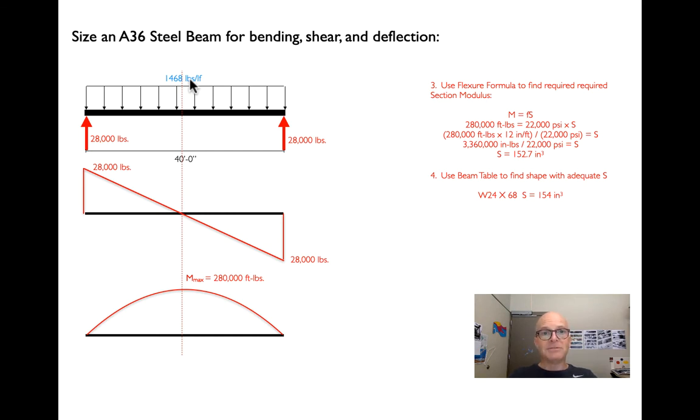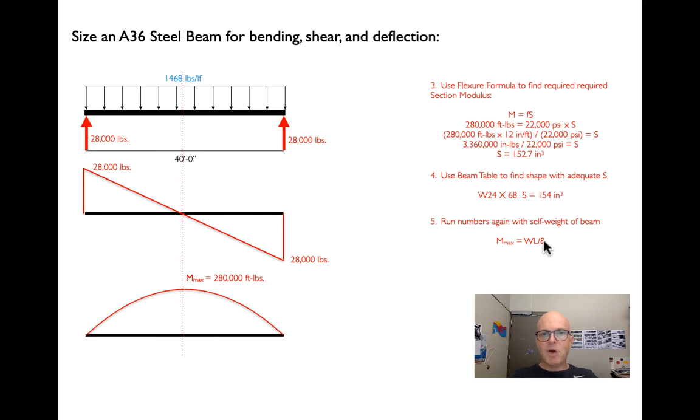Now, the shape of the shear and moment diagram isn't going to change, but the values certainly will, because we're adding more load to the beam. So we need to run the numbers again. We will find the moment using our M-max formula from the shear moment chart.